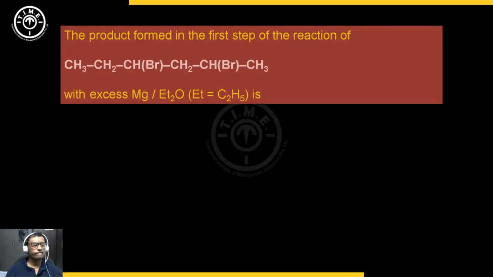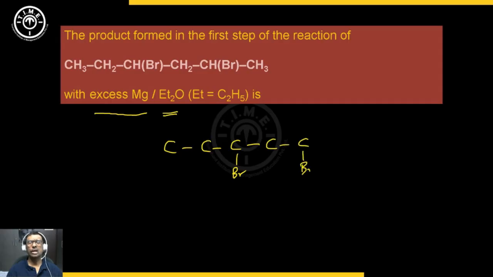Now, what is the product that you get in the first step when you have excess of magnesium in dry ether? So, I will write the starting material, with the skeleton part. There is a Br here, C, then C, there is a Br, and then there is a C. When you say there is excess of magnesium, magnesium can attack both the carbons, right?